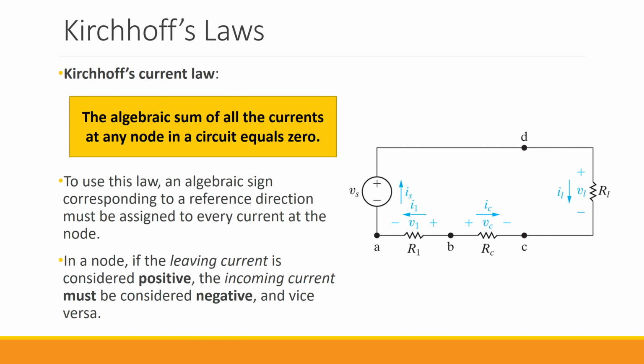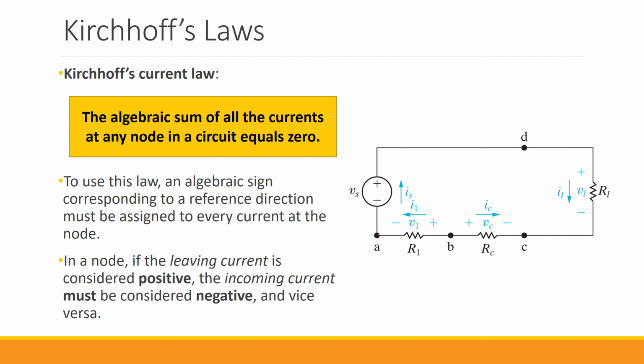The first one that I want to discuss is Kirchhoff's current law, which states that the algebraic sum of all the currents at any node in a circuit equals 0. If you remember from before, in this circuit I call the interconnection of all these elements, basically any point where 2 elements meet, a node.